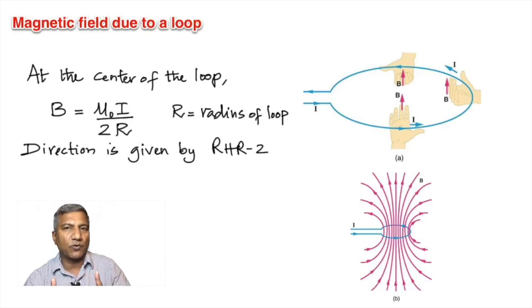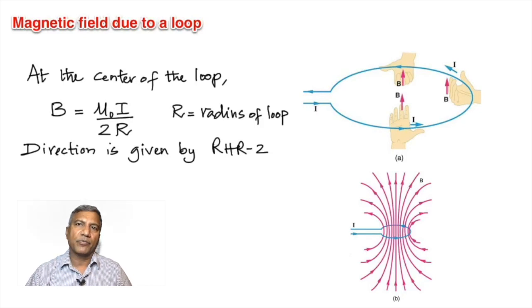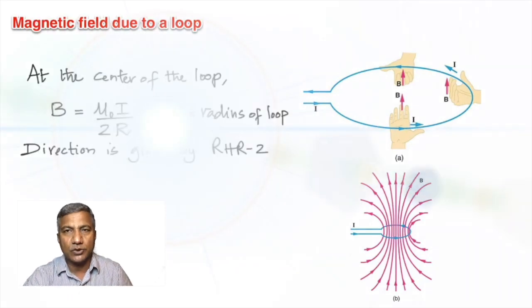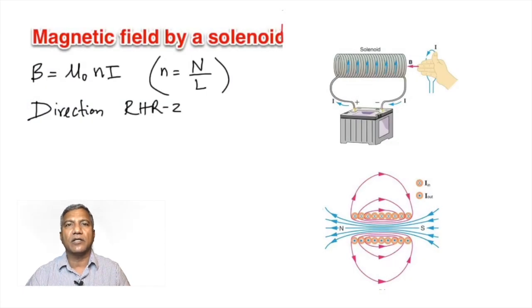Now that's just for one loop. If you have n number of turns, that makes it a coil, then you have to multiply this by n. That is how you find the magnetic field due to a current carrying loop.